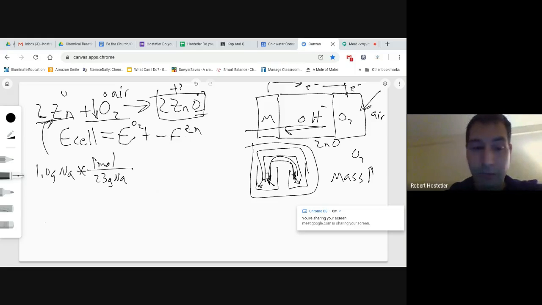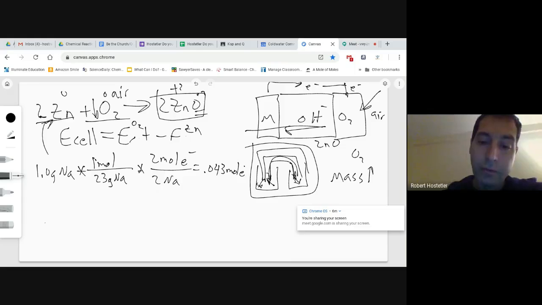And then because there's two Na's in that half reaction, Na2O, that gives us 2 moles of electrons. So we're going to get 2 moles of electrons for the 2 Na's that are in our substance. And so that's the number of moles of electrons from the sodium.